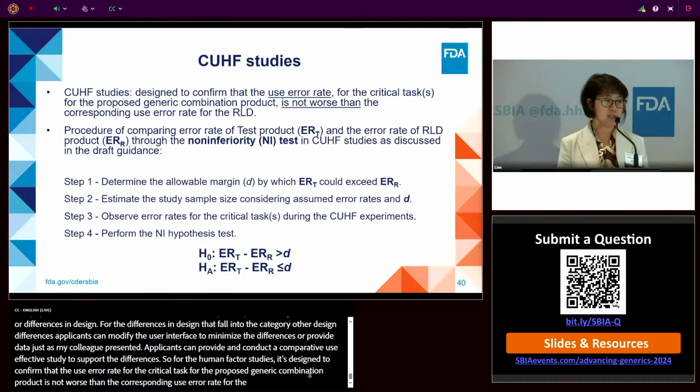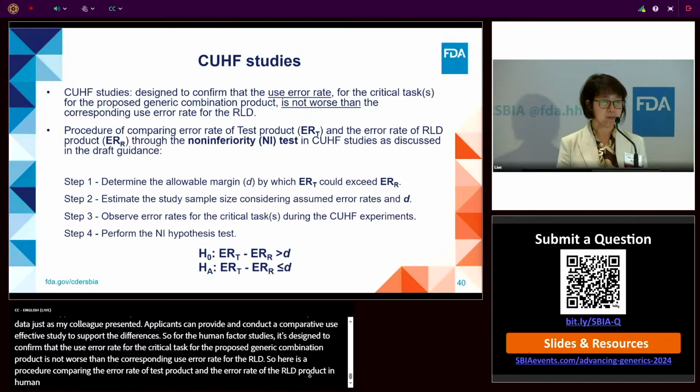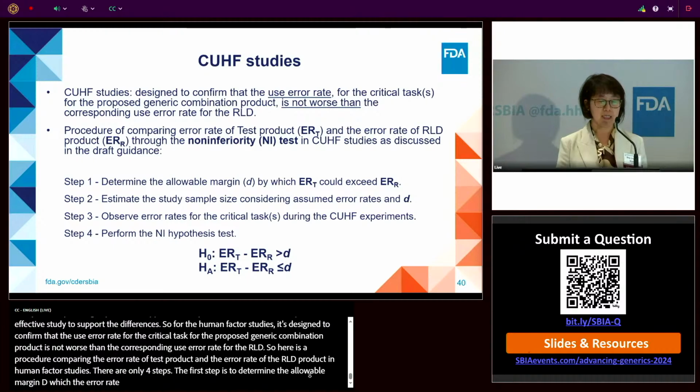So here is a procedure of comparing the error rate of the test product and the error rate of the RLD product through the non-inferiority test in human factor studies. There are mainly 4 steps. The first step is to determine the allowable margin D by which the error rate of the test product could exceed the error rate of the RLD product.